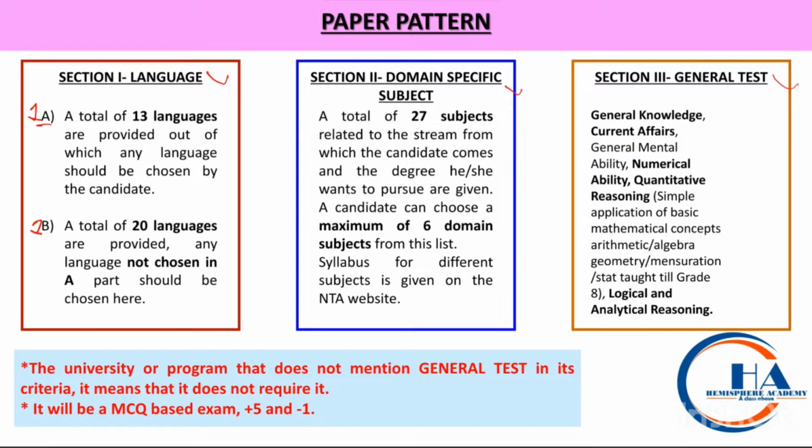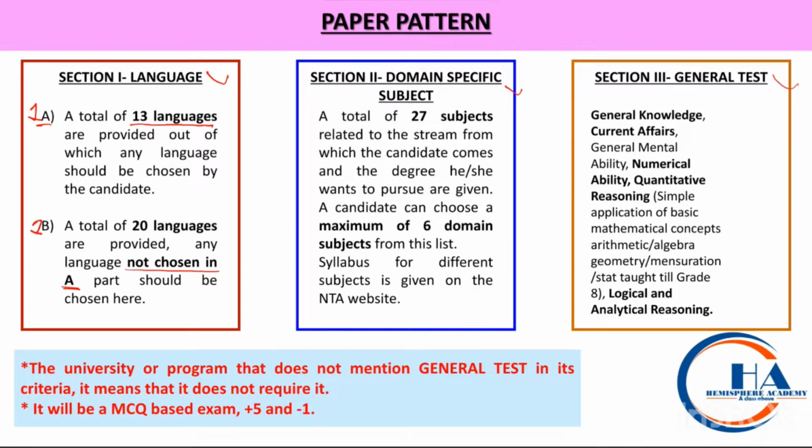So the 1A section will be having a total of 13 languages which will be provided in order to choose from. The student will be allowed to choose any language from that list of 13 languages, and 1B will be having more regional languages, 20 languages, which a student has not chosen in the A part will be provided to choose in this part.